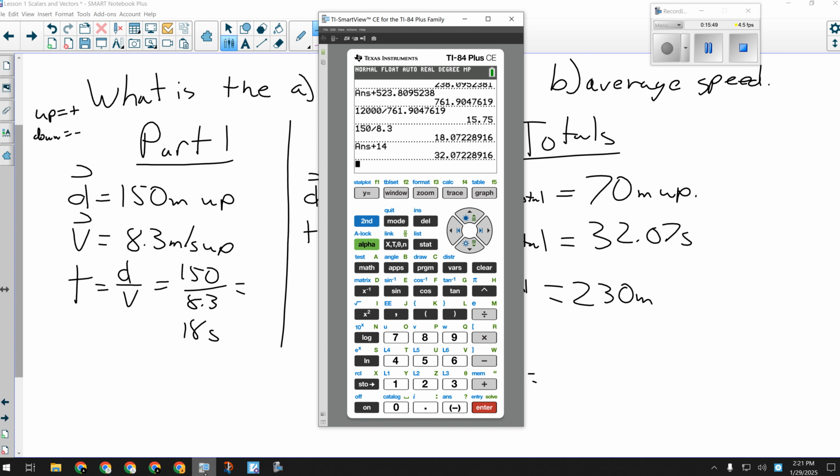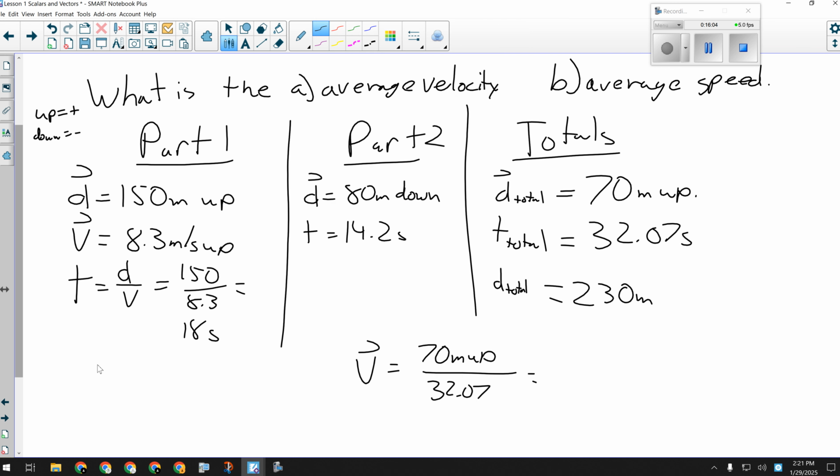So 70 divided by that number there. My average velocity to two significant digits, because that's what I've got here, is 2.2 meters per second up. Our displacement was up, so our velocity is up. They're always going to have the same direction.